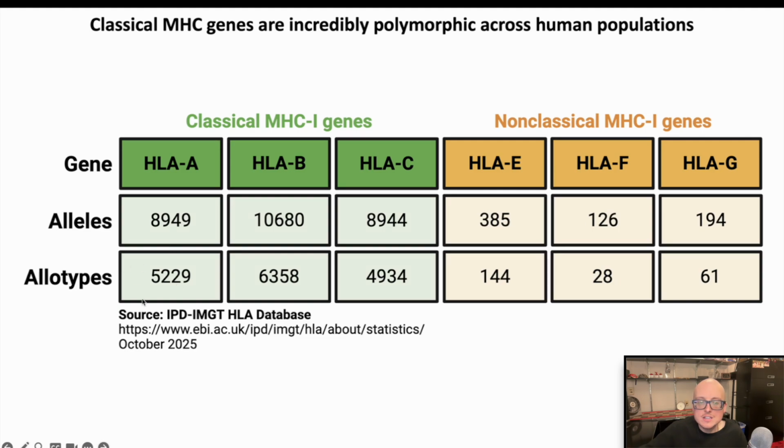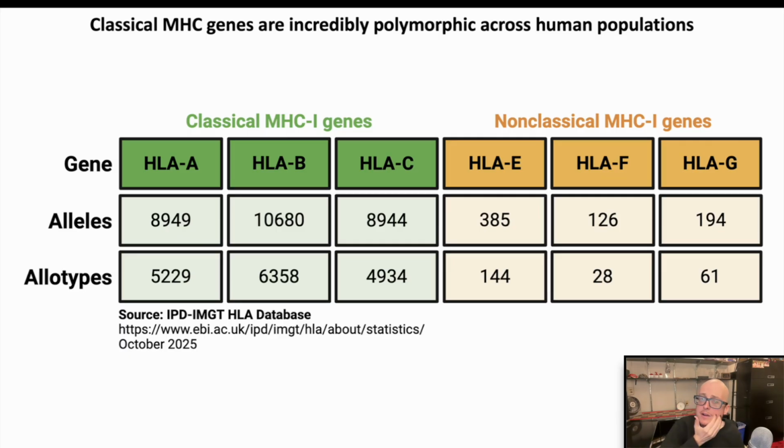And so you can see that the number of unique allotypes of non-synonymous alleles is smaller but still very high, still thousands of unique allotypes of MHC class 1. So this still gives us lots of options, many unique potential combinations of alleles within an individual person, which hopefully again will give them a unique combination of isoforms on the surface of their cells.